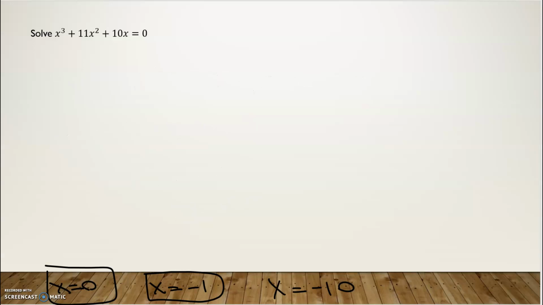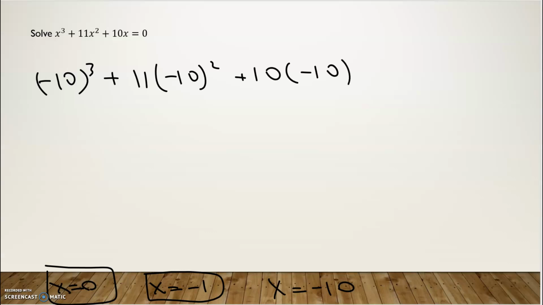Then let's check -10. So -10 cubed plus 11 times -10 squared plus 10 times -10 is equal to 0. Okay, so we got -1,000.